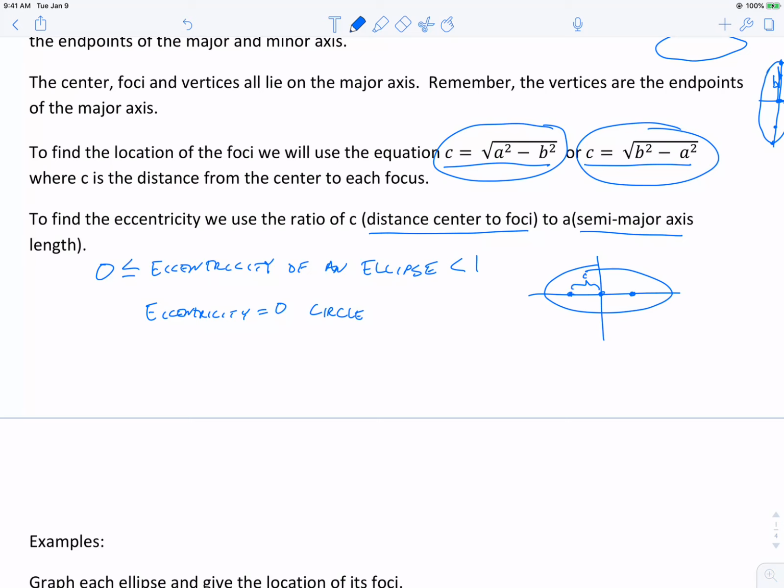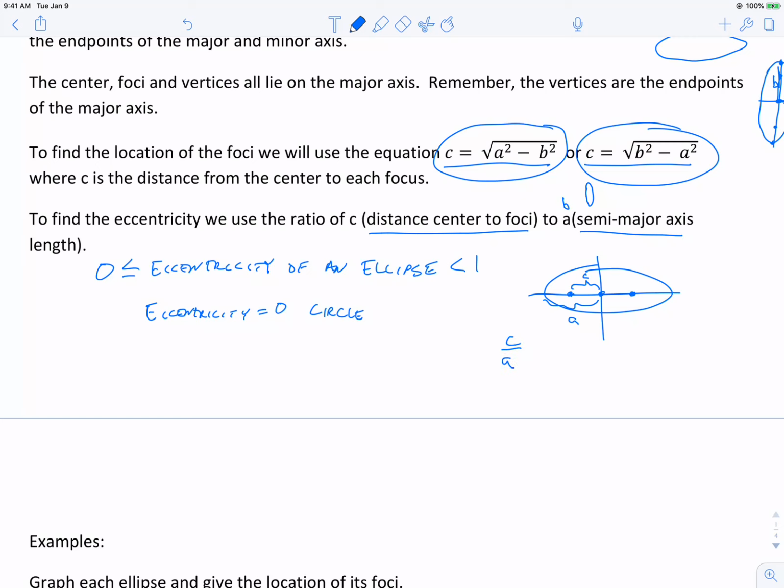The distance C is the distance from the center to a foci, and the distance A is the distance from the center out to the vertex. We always do it on the major axis, so it could be B if I have an ellipse drawn that way. If I make the ratio C over A, I get my eccentricity.